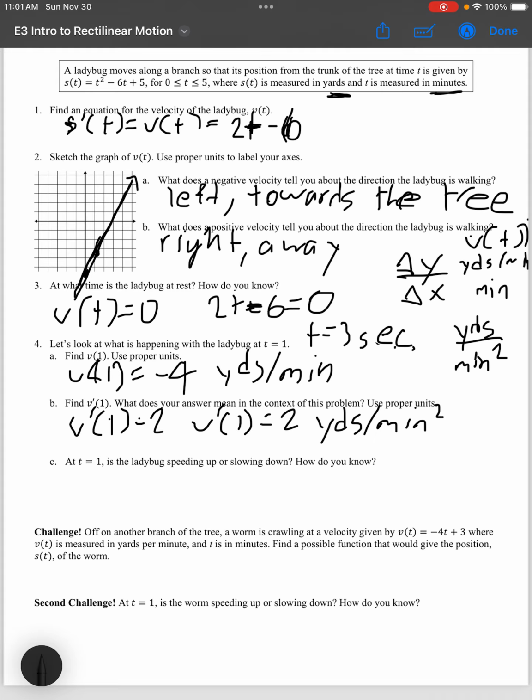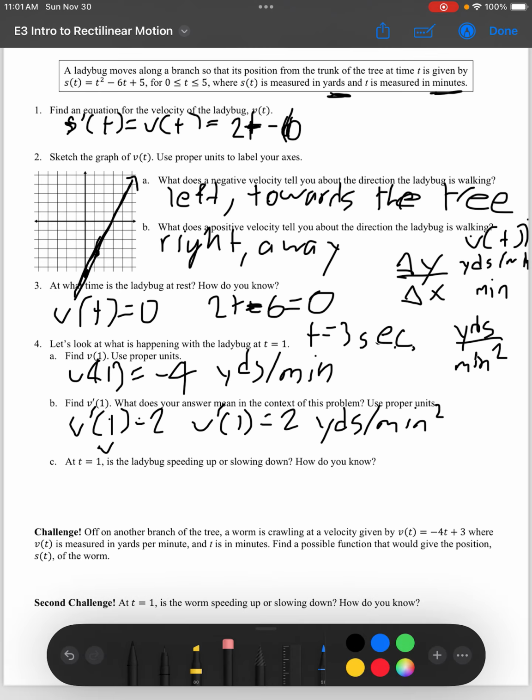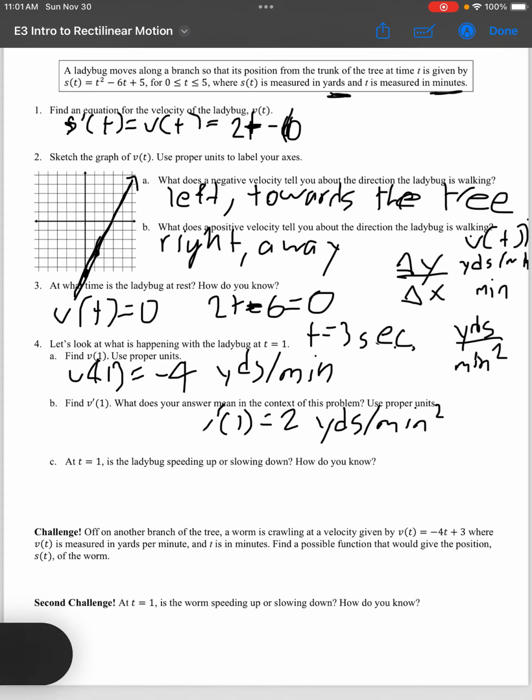And what does our answer mean in this context? It's just that the velocity is increasing. And this is where you need to get specific, because you get 1 point for the correct answer and 1 point for the why.